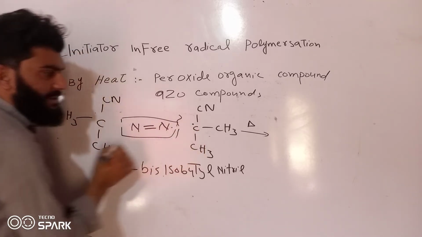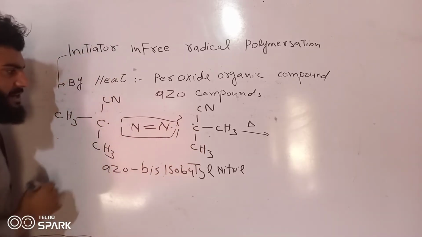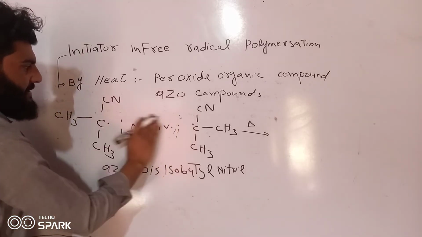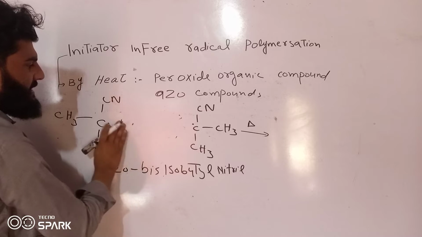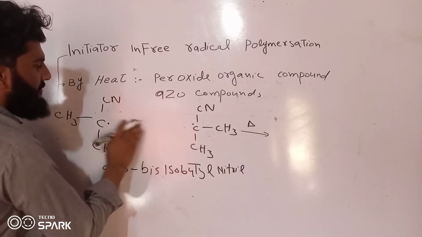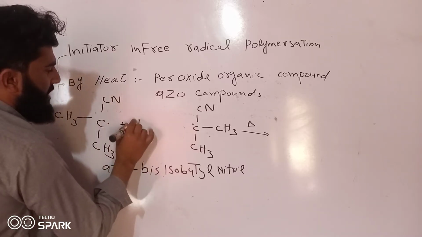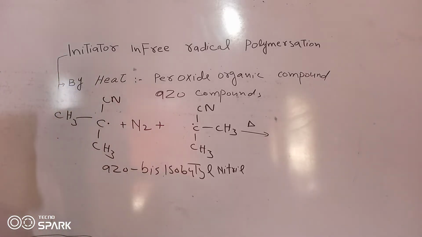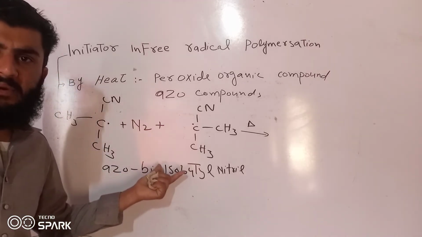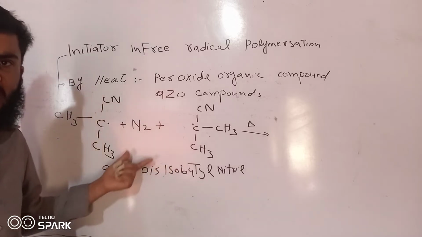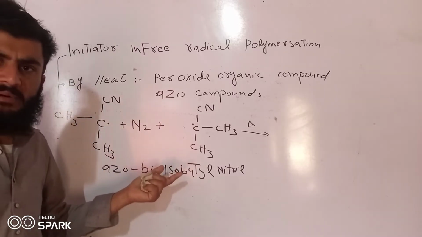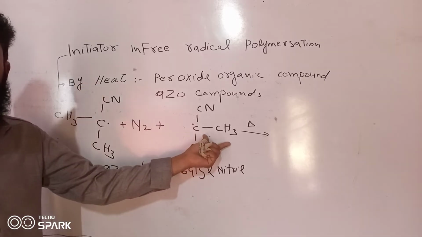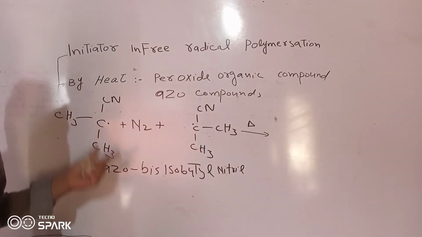So this becomes a radical and this becomes a radical, and the N and N are released in the form of nitrogen gas. So from the example I have drawn here, the azo group is released as nitrogen gas, and this becomes a radical and this becomes a radical.